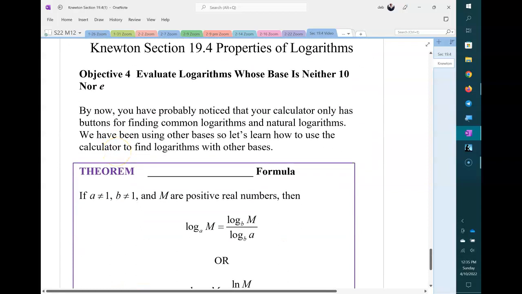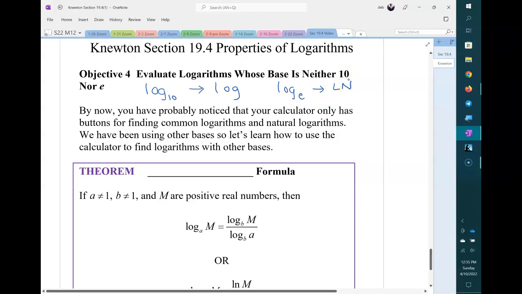So here's the last objective. We're going to look at how do I find the logarithm of a number when the base isn't 10 or e, because your calculator only has buttons for finding log base 10. So log base 10 on your calculator, it just says log. And log base e on your calculator, it says ln.